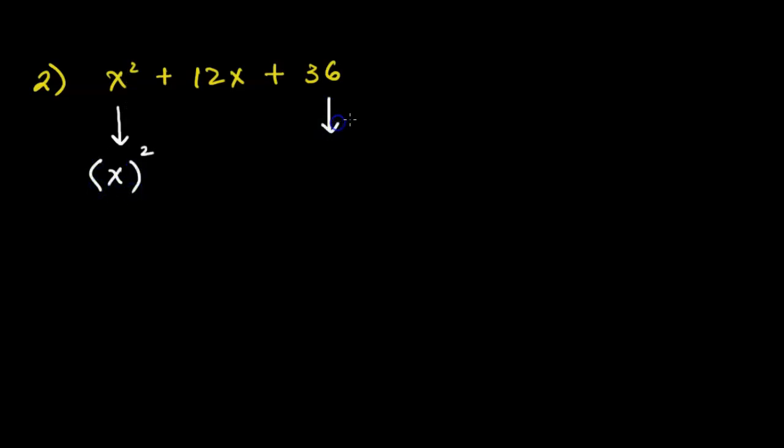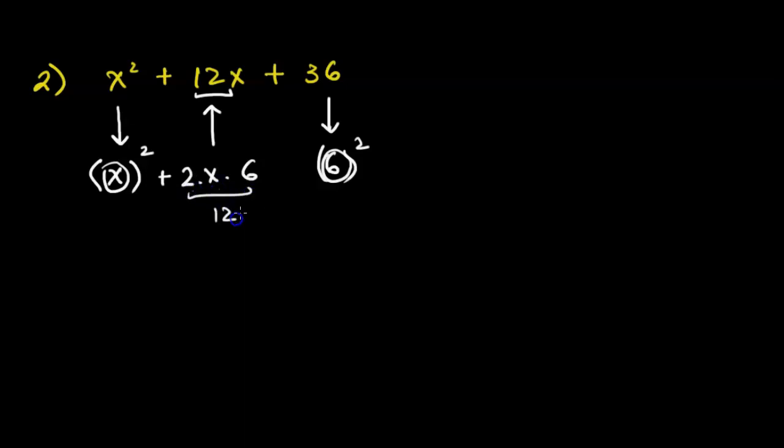Then we think about a term whose square gives us 36, and that is 6. Then we see if 2 times the product of these terms gives us the middle term of the trinomial, that is 12x. And we notice here 2 times x is 2x, times 6 is 12x. So we are able to get back the middle term.